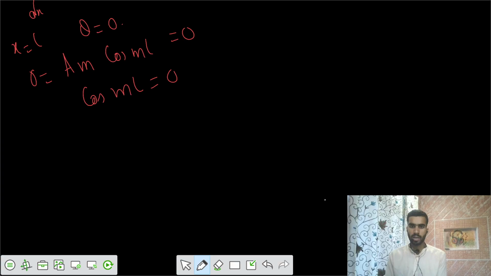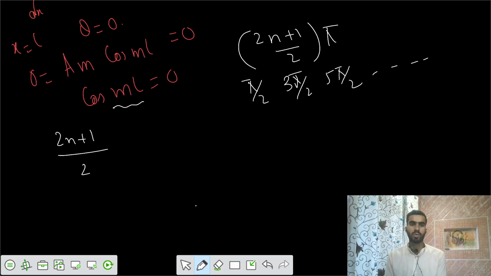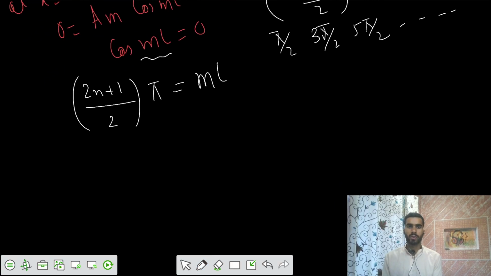On what values of pi do we have the cos function equal to 0? That is at (2n plus 1) by 2 of pi: pi by 2, 3 pi by 2, 5 pi by 2, and so on. So (2n plus 1) by 2 into pi equals mL. On those values of pi, we have the cos function equal to 0.